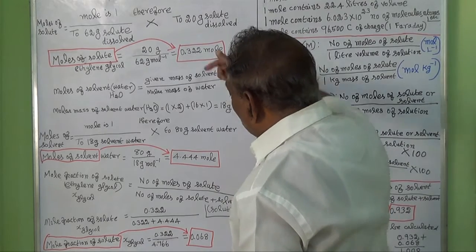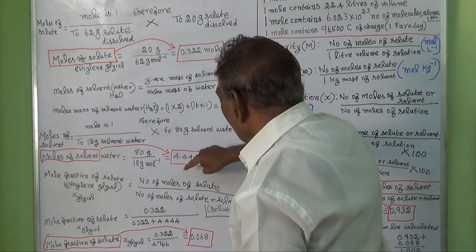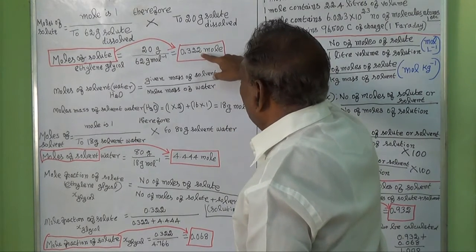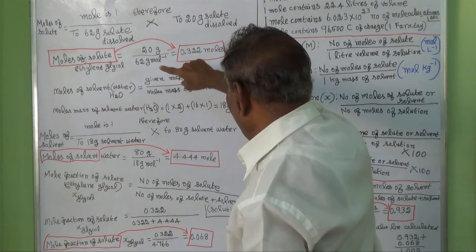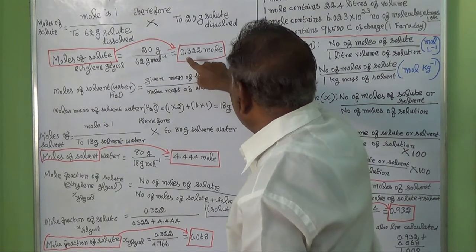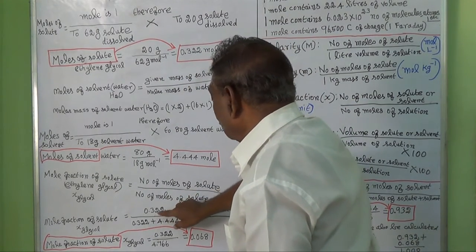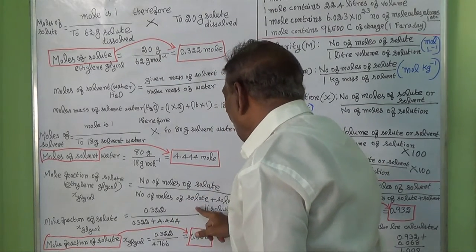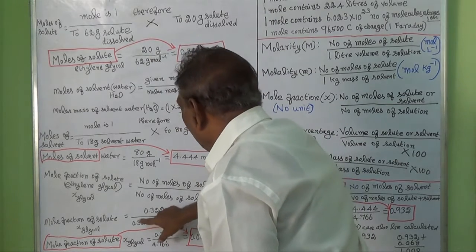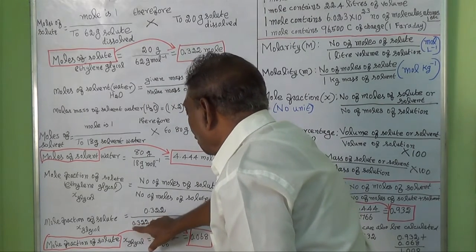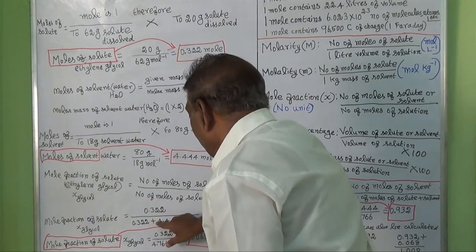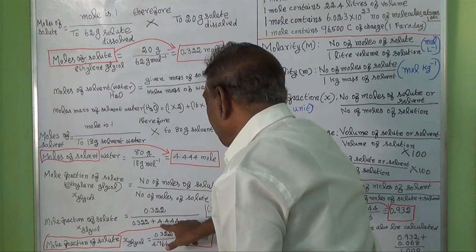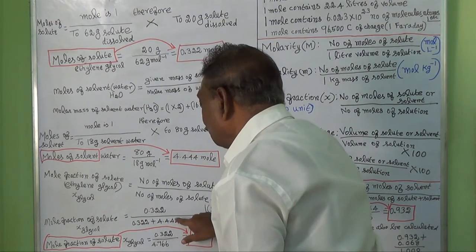We are going to substitute the number of moles of the solute we have already determined. What is the number of moles of solute? The number of moles of solute is 0.322, and again in the denominator we have to write 0.322 plus the number of moles of the solvent, that is 4.444.